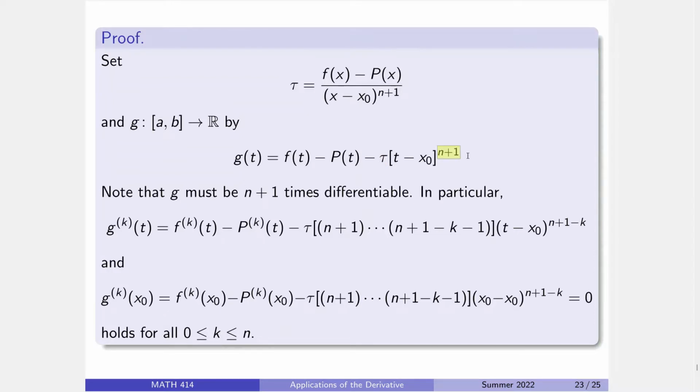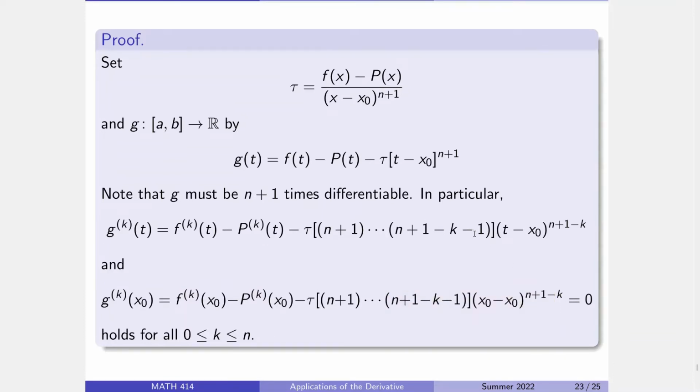And then when we take derivatives of this, we're just going to start picking up an n plus 1, an n, an n minus 1, so on and so forth. Note, when I plug in x naught into this, these zero out. This is never equal to 0, so this zeroes out. And there we go. So we have constructed a function so that all of the kth derivatives at x naught are equal to 0.